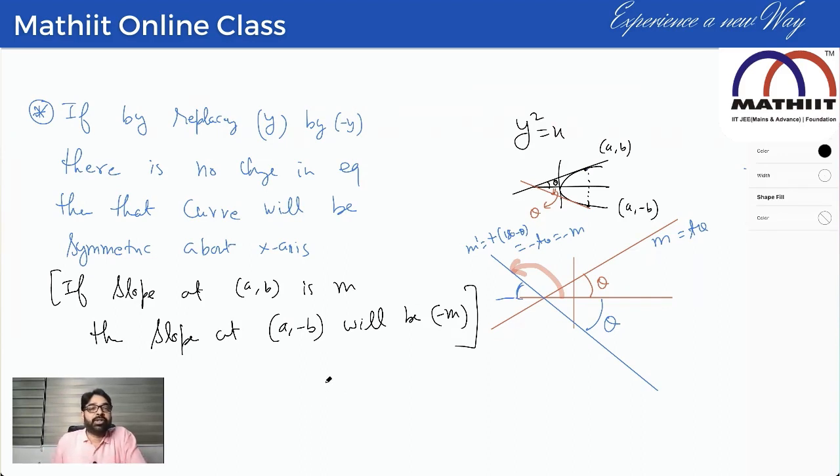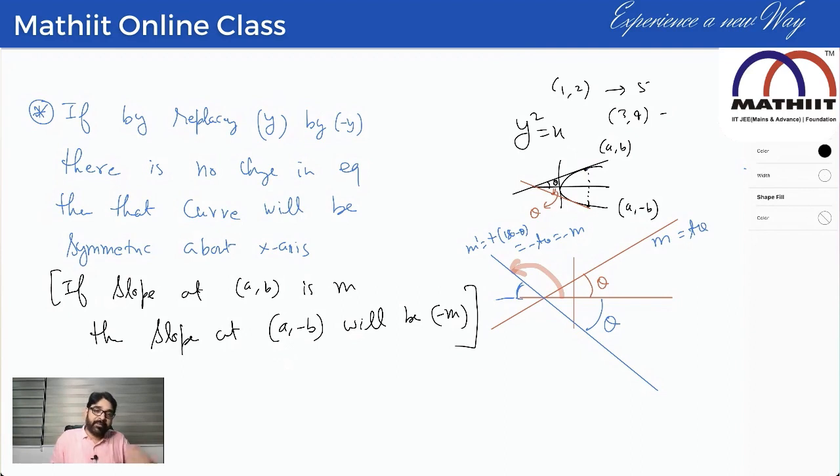Indirectly, I'm trying to teach you symmetricity. It's a very common thing. But be clear, you are talking about the slope at a comma b, and again the slope at a comma minus b. This point should be the reflection of the original point. You cannot say that at 1 comma 2 the slope is 5, so at 3 comma 4 the slope will be minus 5. Nothing like that, because 3 comma 4 is not the reflection of 1 comma 2 with respect to x-axis. Everything is with respect to x-axis. Is it clear to everybody?